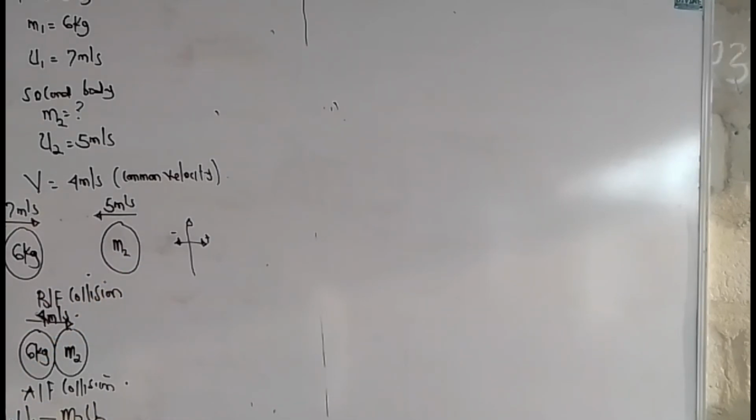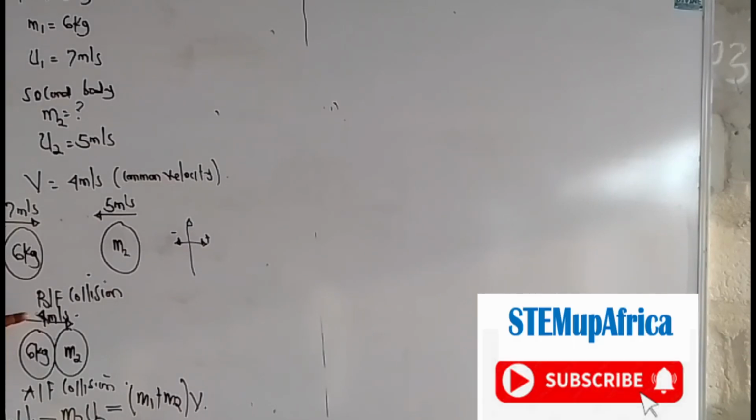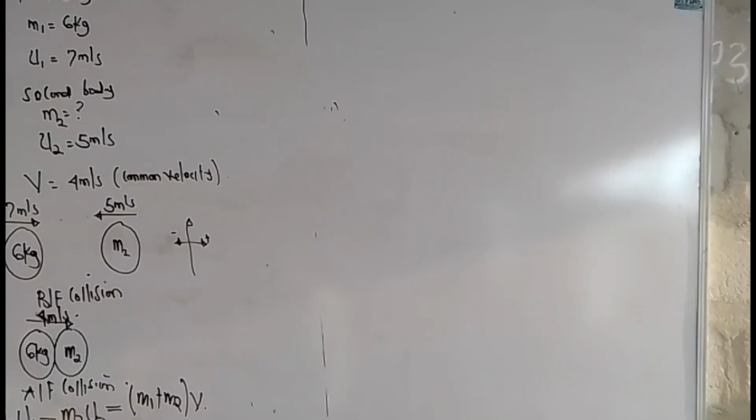If the two bodies stick together and move with the common velocity, after collision it becomes M1 plus M2 bracket V. That is, the two bodies stick together and move with the common velocity of 4 meters per second. So let's substitute our values to see what the value of the second body is.